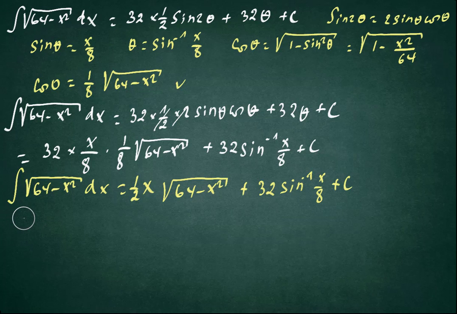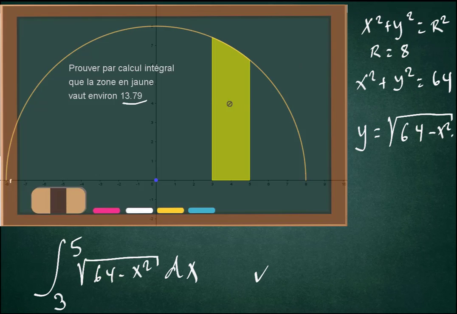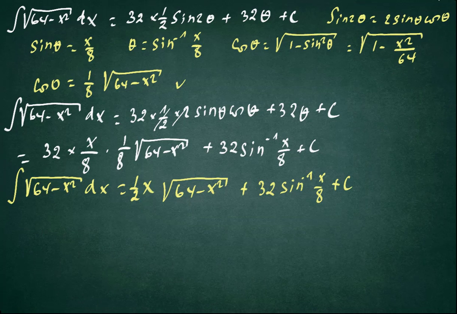This is the end of the problem, so we can go back and have a look at what the original equation was. We know that we wanted between 3 and 5, okay. These are the two lines, the boundaries.